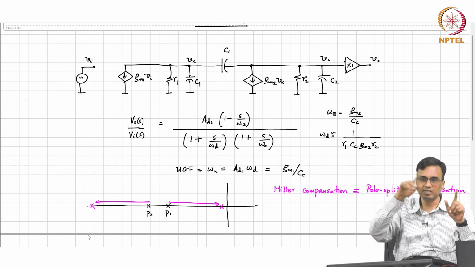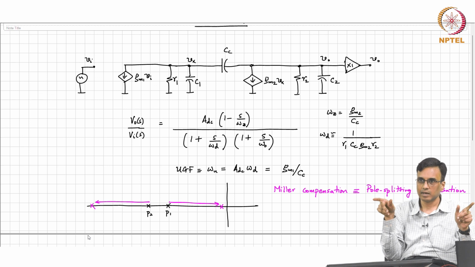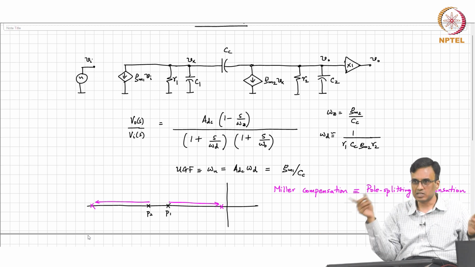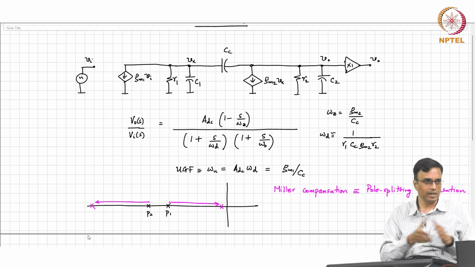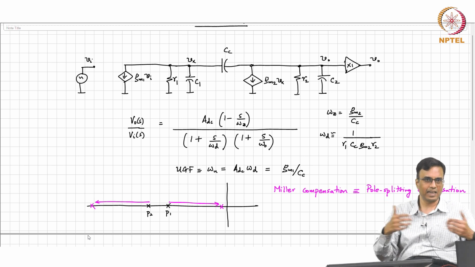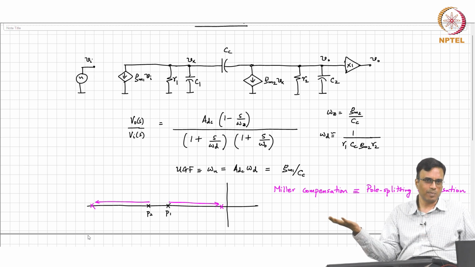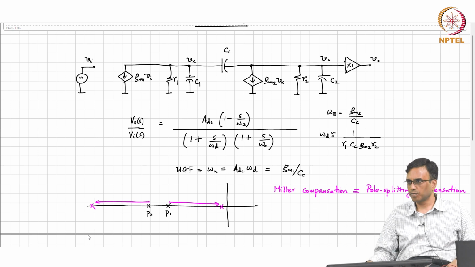What is Cc doing? It is introducing coupling between these two systems, and therefore it is only natural to see that just like how energy levels split, they are eigenvalues of a differential equation, likewise the poles are basically eigenvalues of this system.